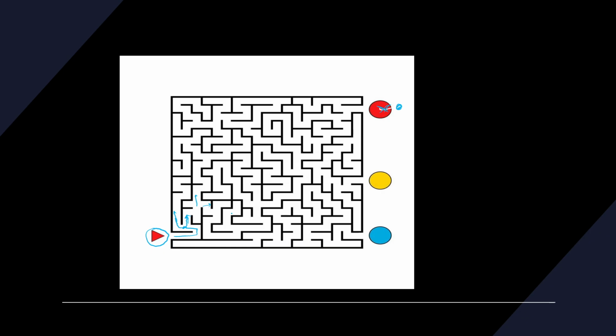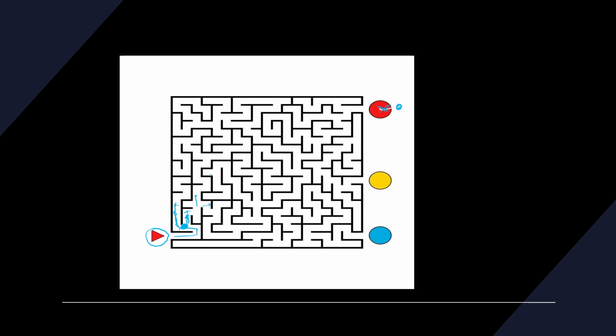But in quantum search, after reaching this position, I will encounter two paths, and the agent will have two copies. One will move along this path and the other along that path simultaneously.